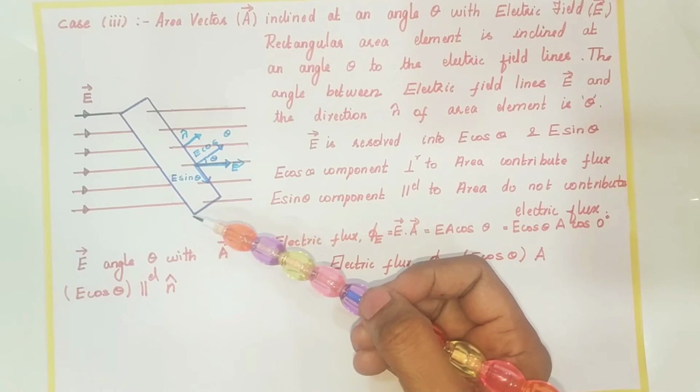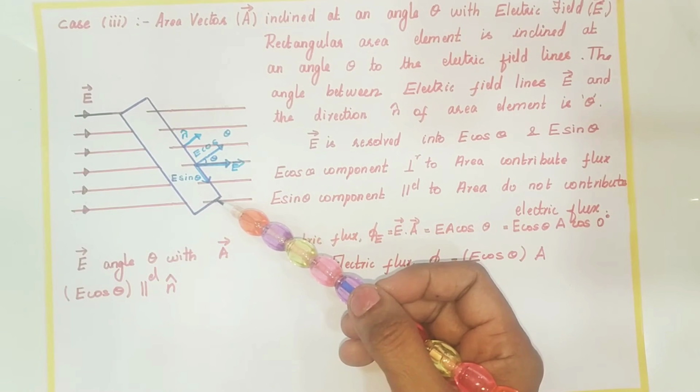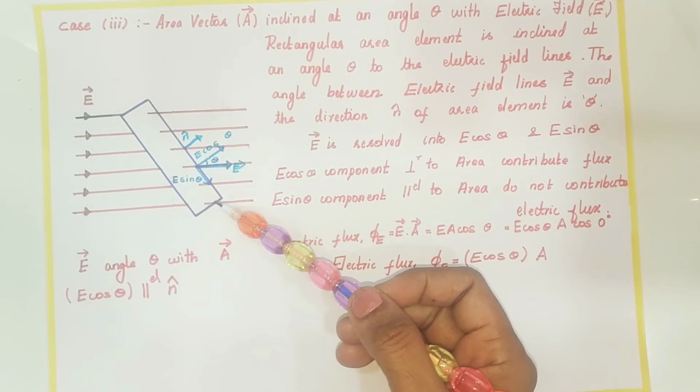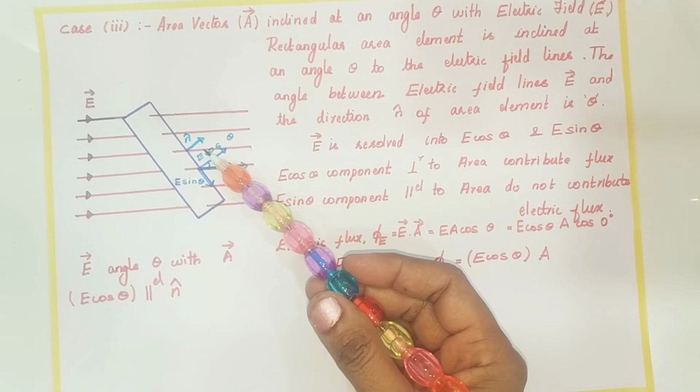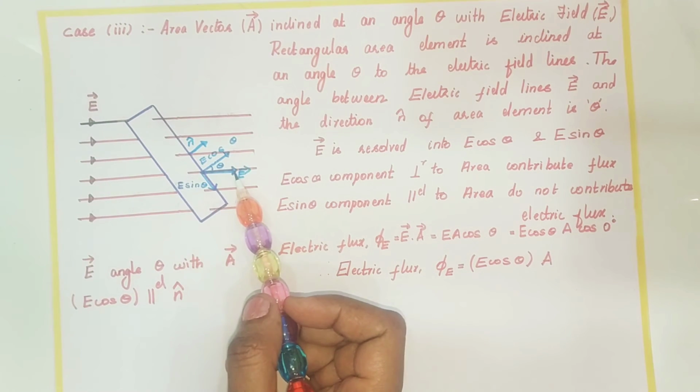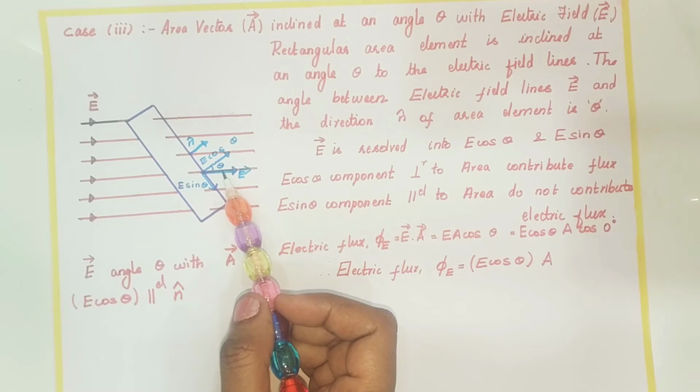For the next case, I am going to place an area element that is inclined at an angle theta with the electric field. Here you see that the area element is inclined to the electric field. That is, the unit vector n unit is making an angle theta with the electric field.